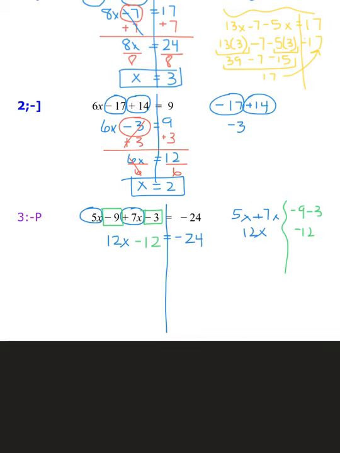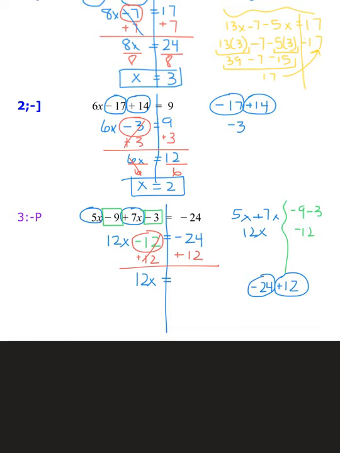So now I would solve it. Let's move the minus 12 by doing the opposite. Add 12 to both sides of the equation. There's still a 12x on the left side. Now here's where you have to be careful, because it doesn't say plus 12 to make 36, because that's a negative 24. So if I write it out horizontally, negative 24 plus 12, the signs are different, so you have to find the difference.